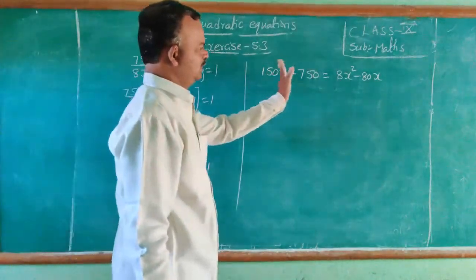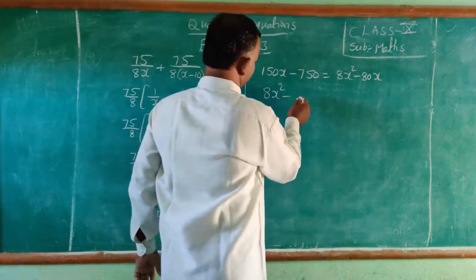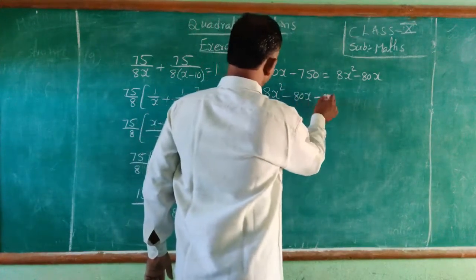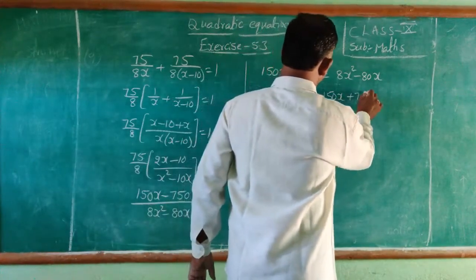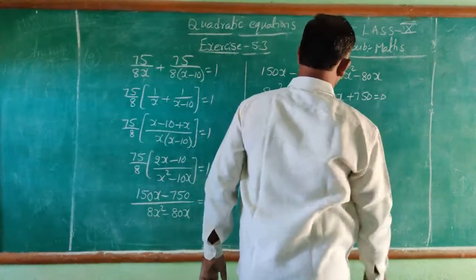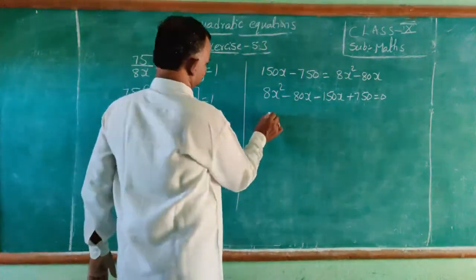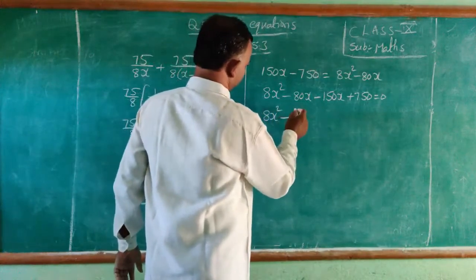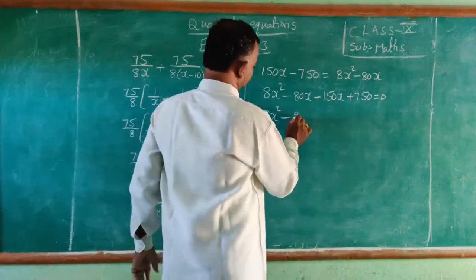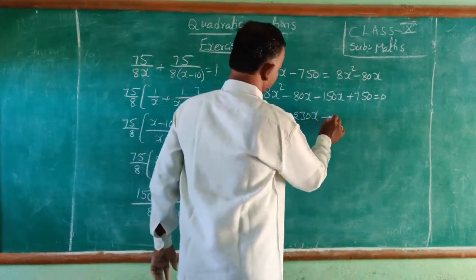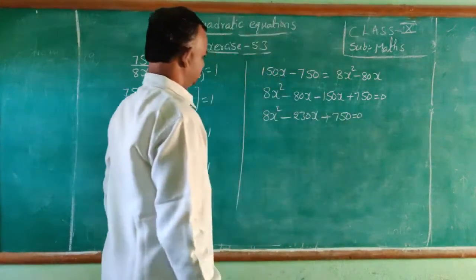Now we transpose the values to that side: 8x square minus 80x minus 150x plus 750 is equal to 0. 8x square minus 230x plus 750 is equal to 0.